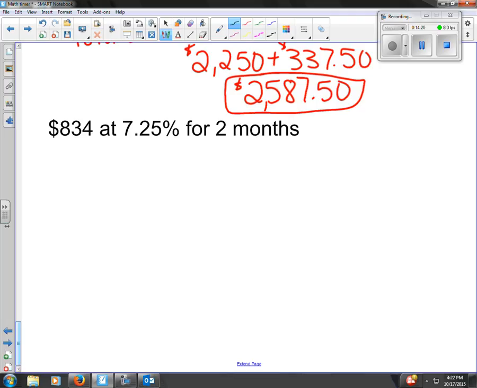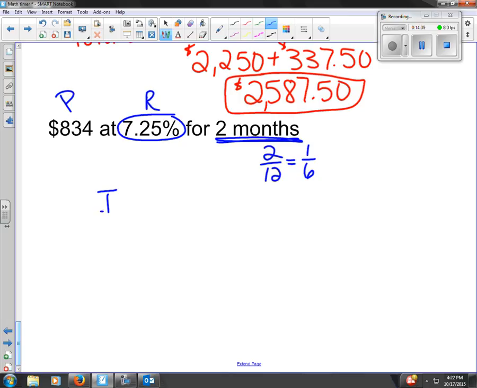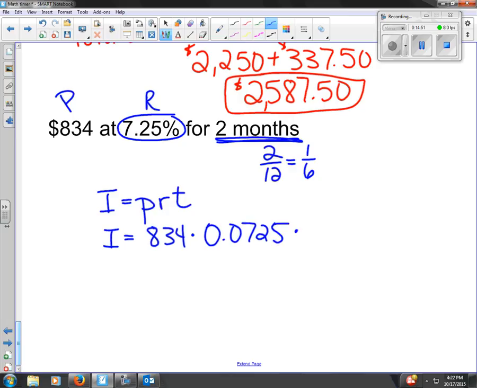Now here we have the $834, that's your principal. Then the rate is the percent, and it's for 2 months. So we already know we have to do 2 over 12 or 1/6. When we put it in our calculator, put it in as that fraction so we know we're getting the most accurate number. So I equals P times R times T. I equals the principal, 834, times your rate, 0.0725, times the 1/6, because we need it in terms of years.